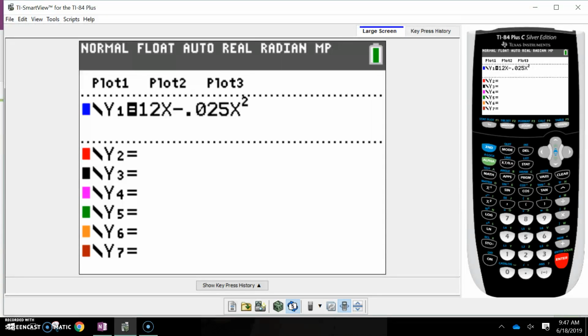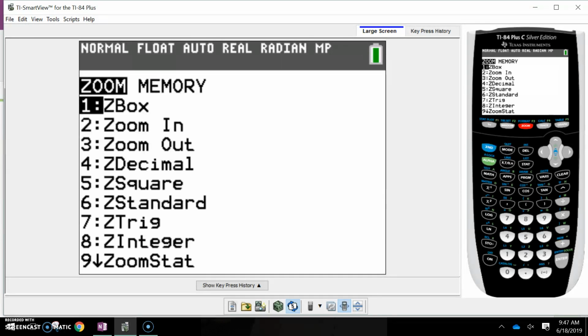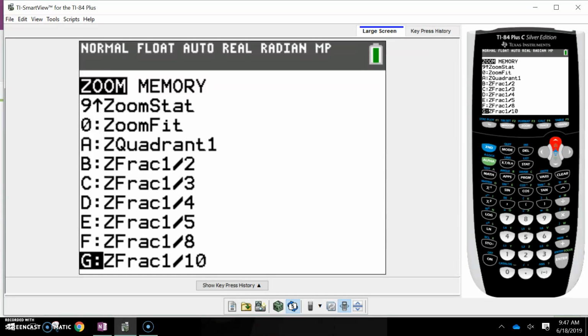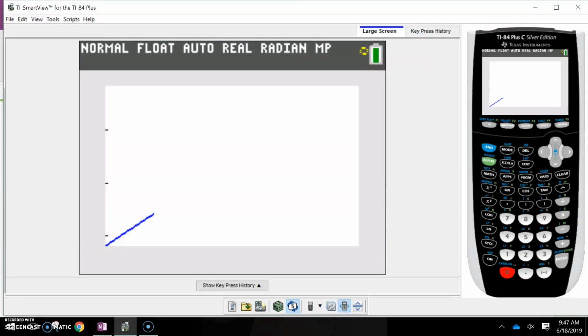And then when I look at this and I set up a window, the graph looks like this. I'm probably going to have to reset the window because I used this last for a scatter plot. So let me hit zoom and then choice 0 here, which says fit. So it'll kind of set the window for you.